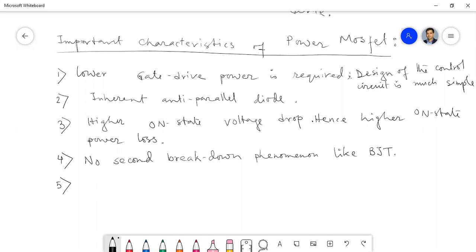In the safe operating area, I have shown different portions. If you remember, I have shown 4 portions.